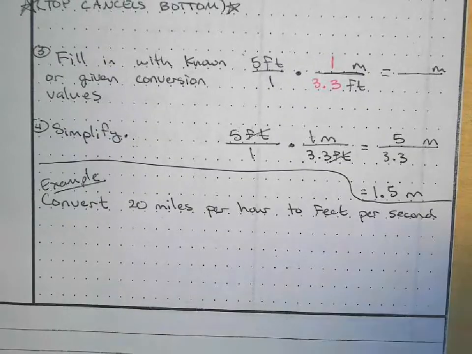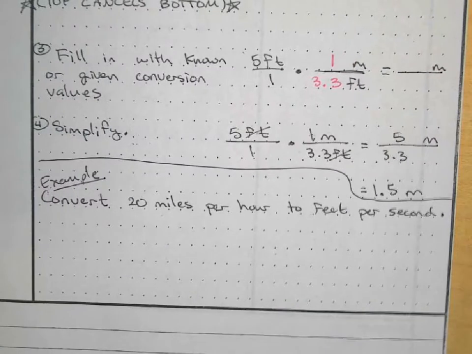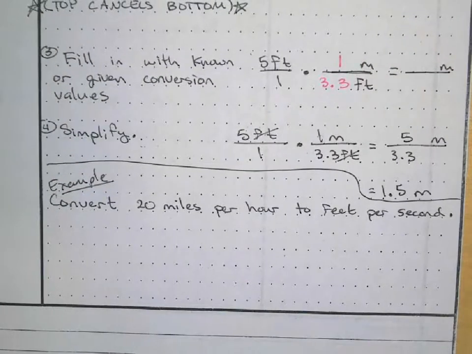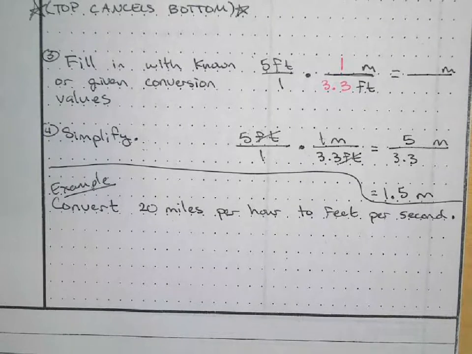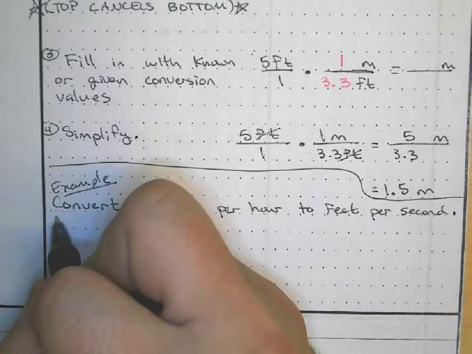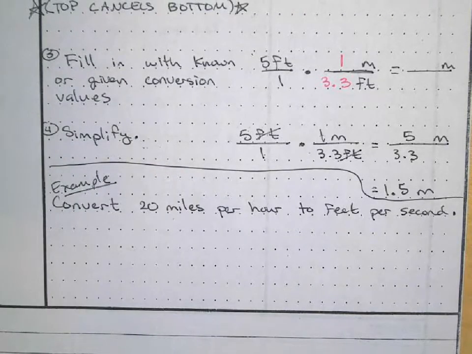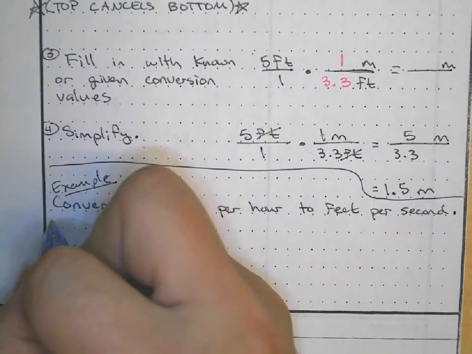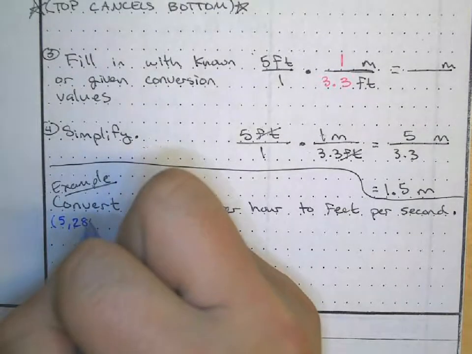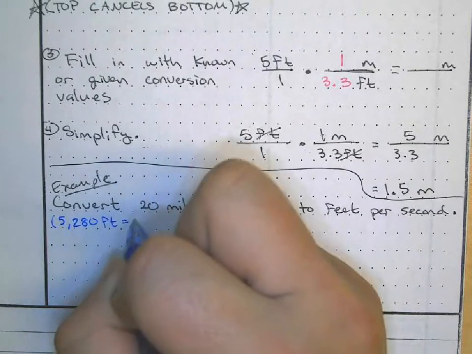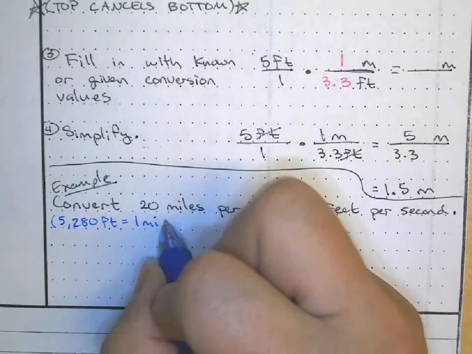I'll give you some conversion values. So first we need to know how many feet are in a mile. So I can say that there are 5,280 feet in 1 mile.